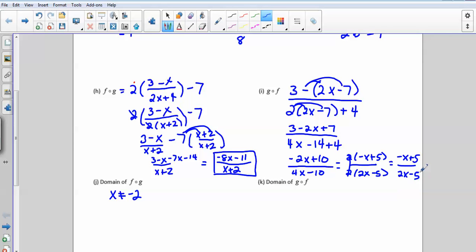So I have to set my denominator not equal to 0. 2x minus 5 doesn't equal 0. That means that x does not equal 5/2. My inside function is 2x minus 7, which is a linear function, and that has no restrictions. So my only restriction here is that x does not equal 5/2.